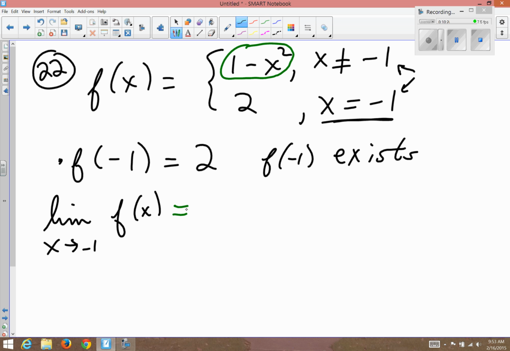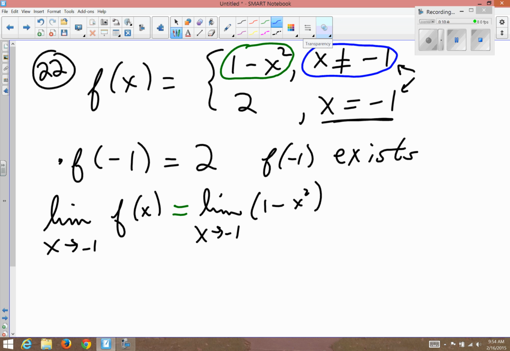So for sure, this equals the limit of 1 minus x squared as x approaches negative 1, because the function is the same on both the left side and the right side of negative 1. This is f of x as long as x is not negative 1. So we find this limit by replacing x with negative 1.